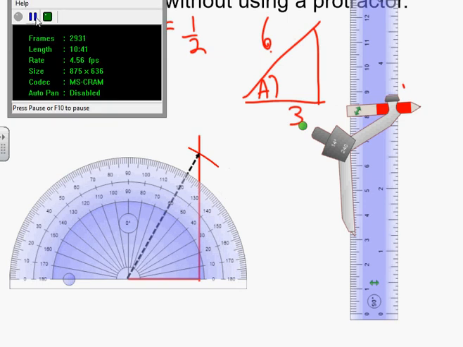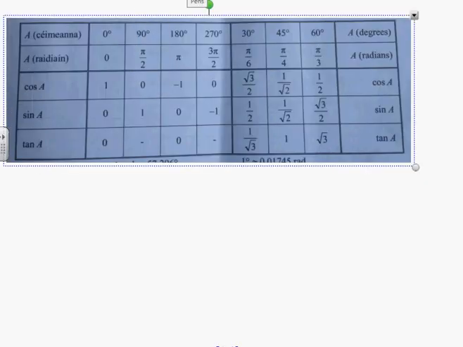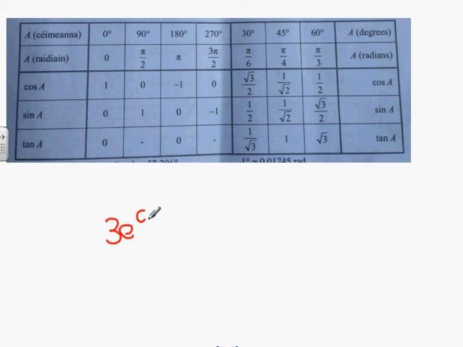Yes, Owen. So on these tables, guys, you're asked to draw 30 degrees. You're then asked to draw 45 degrees. Then you're asked to draw 60 degrees. So if I want to find out what cos 30 is, cos 30 is root 3 over 2. I can't draw a root 3, so that doesn't work for me. Sine 30, what's sine 30, guys? 1 over 2.